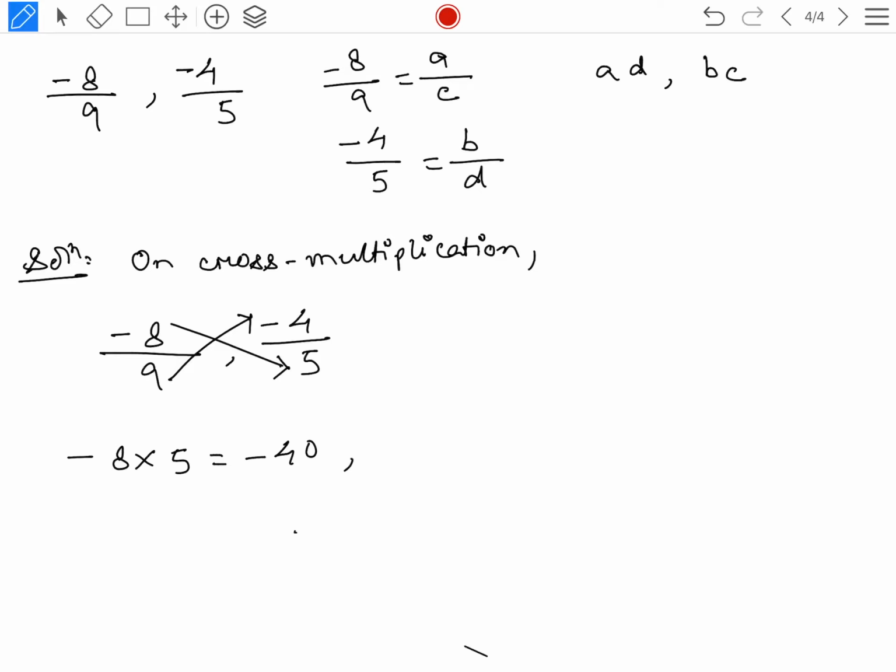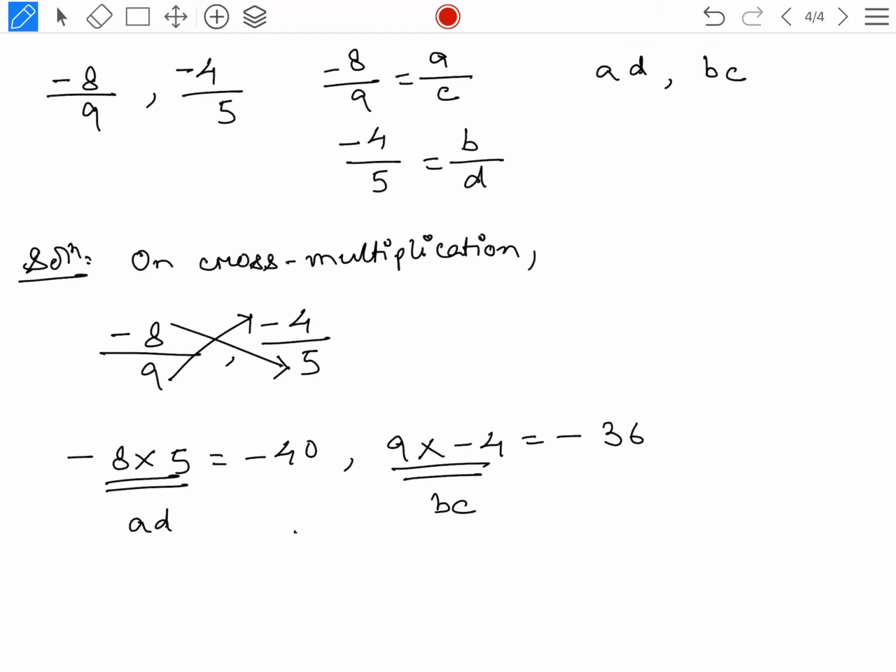And 9 into minus 4, how much? Minus 36, yes or no? So minus 8 into 5 is AD, and 9 into minus 4 is BC.